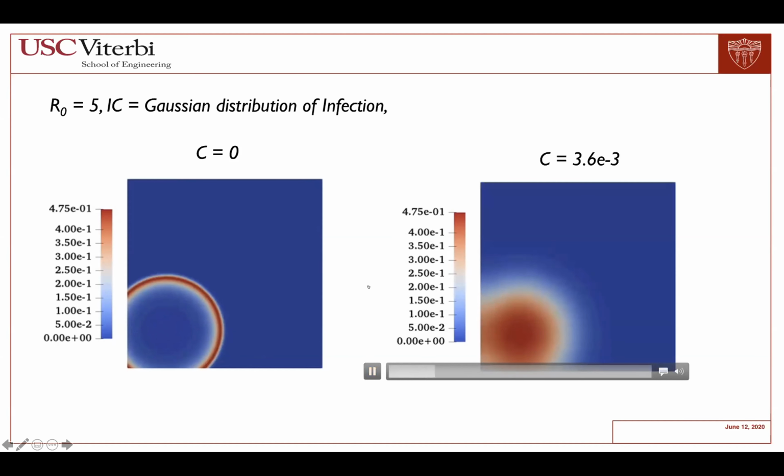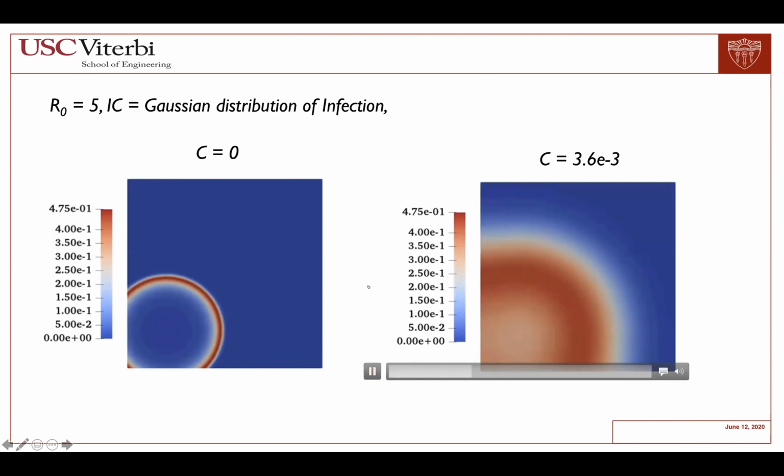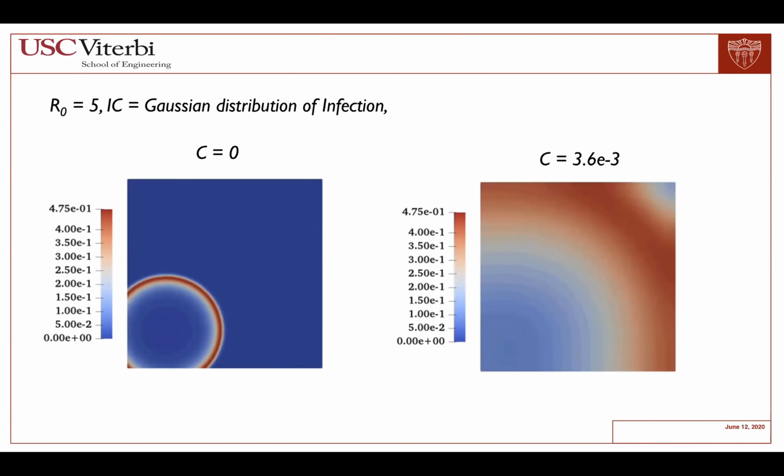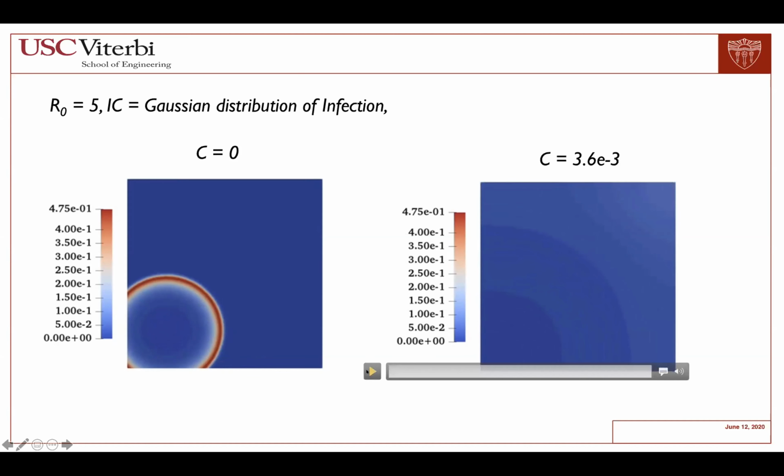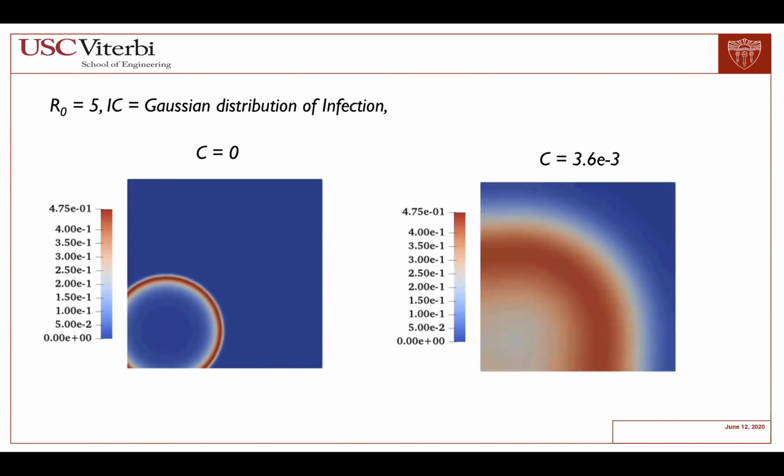In the same time scale, the infection spreads like crazy, almost like wildfire. And in the same time scale, this whole region is passed through that infection, right? And everyone has gone through the infection and fallen into the recovered category.